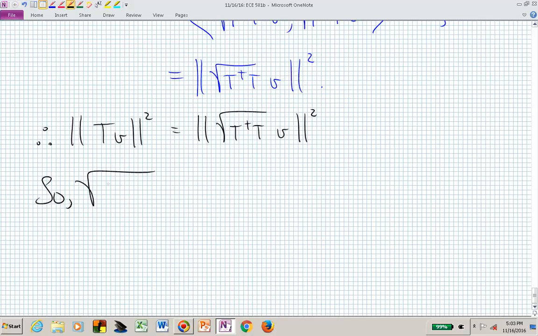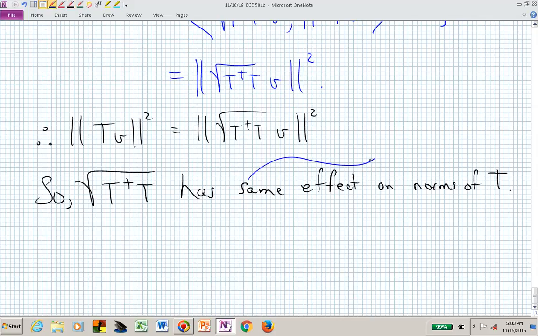So the square root of T dagger T has the same effect on norms of T. And by the same effect on the norms, I'm really saying same scaling property.